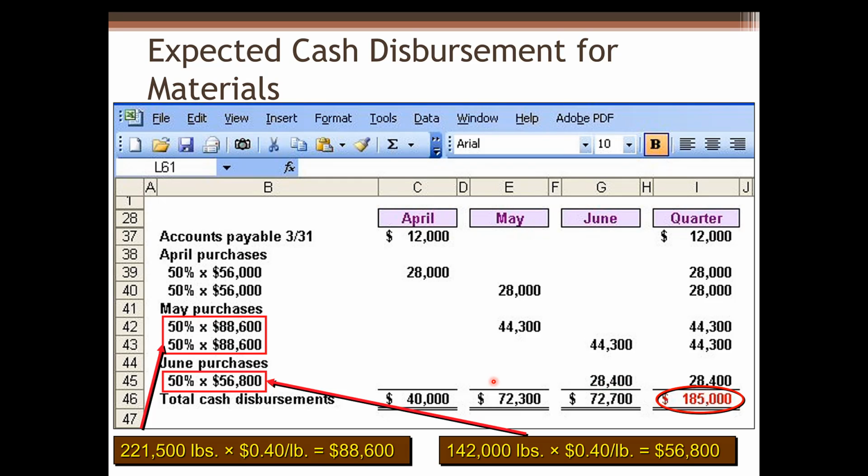The other half will be paid in July. Again, we are preparing for the quarter ended June 30th, so July's payment will not be shown on this table. And for the quarter column, we just add up, and you get the total cash disbursements for the quarter, $185,000.